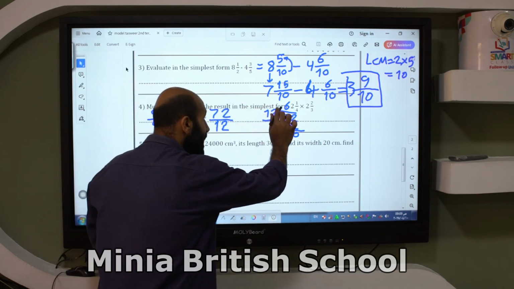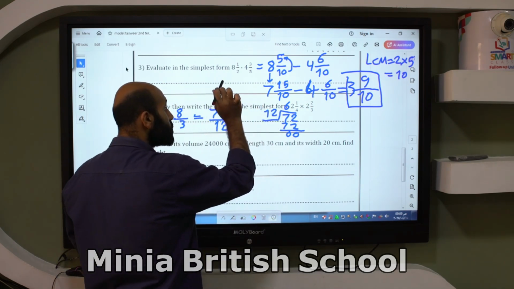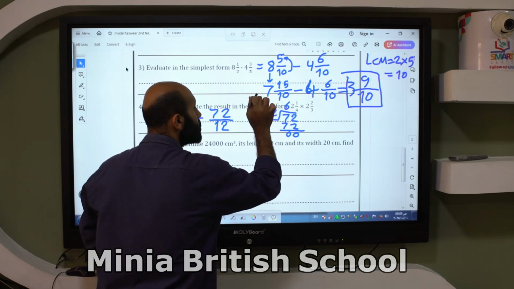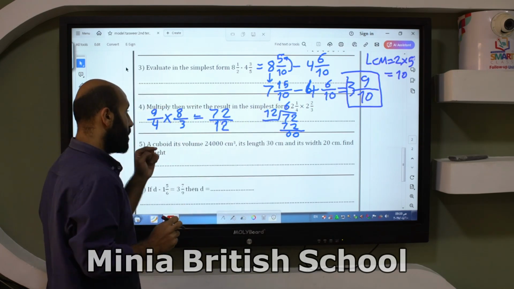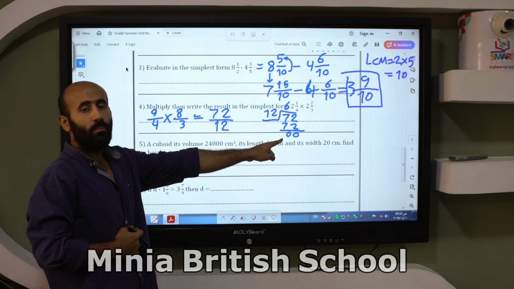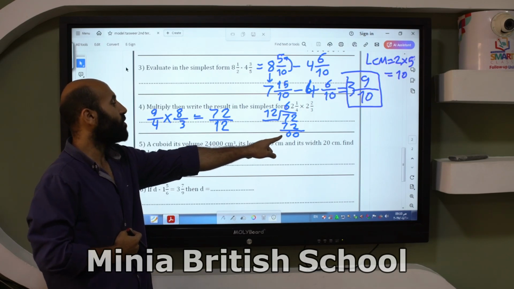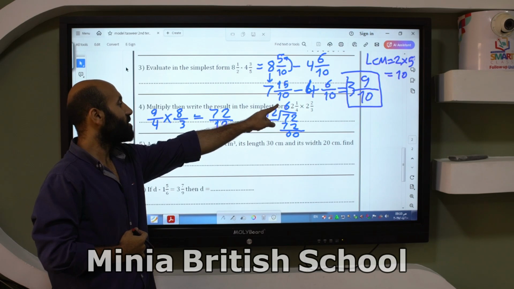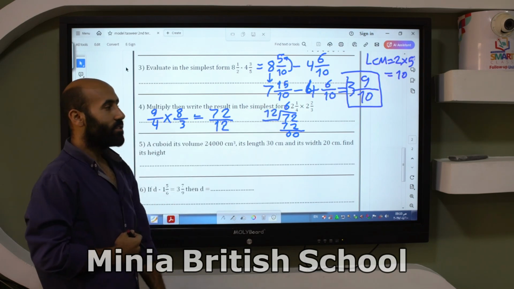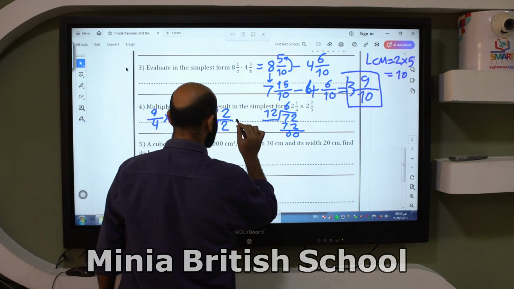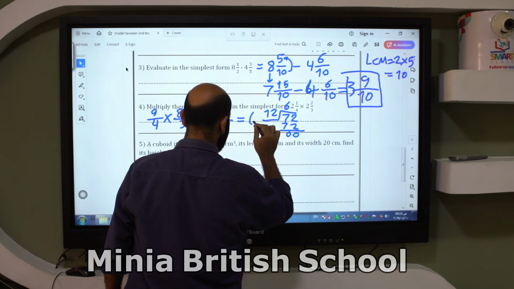In this case I have no remainder, so I write the quotient only. Again, if I have no remainder, then write the quotient directly. So the quotient in this case will be 6.